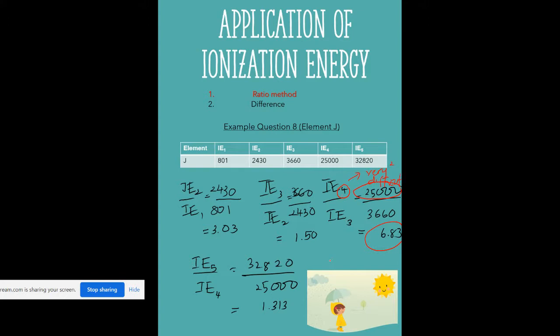That means the fourth electron must be much closer to the nucleus, and that means it is removed from an inner shell. If the fourth electron is in the inner shell, how many valence electrons does it have? Before 4, there are 3. That means the number of valence electrons is 3.